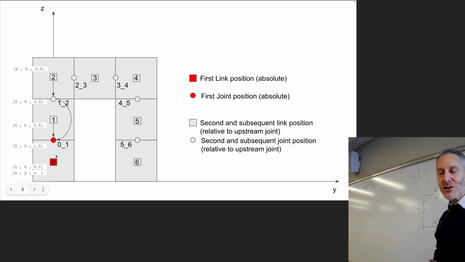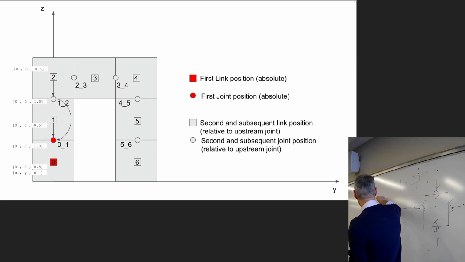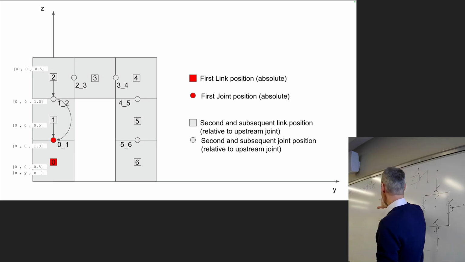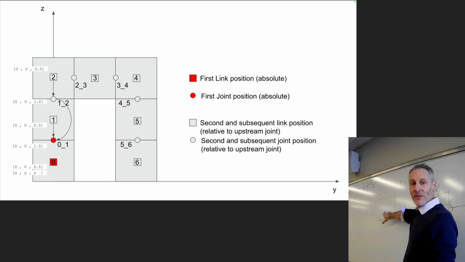With this combination of absolute and relative coordinates, my job is a little bit easier. If I want to place my second robot in the swarm over here, this is the first link to make up this second robot. I need to use absolute coordinates.